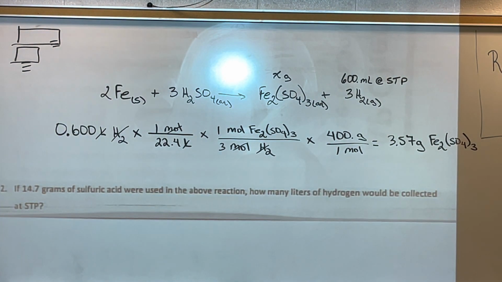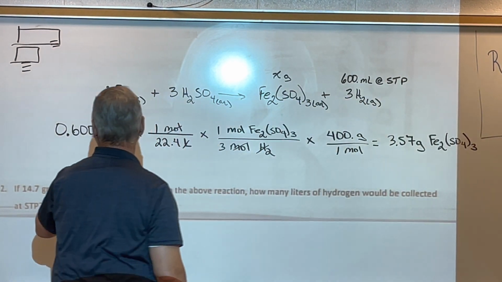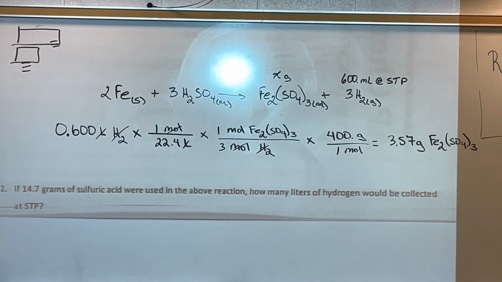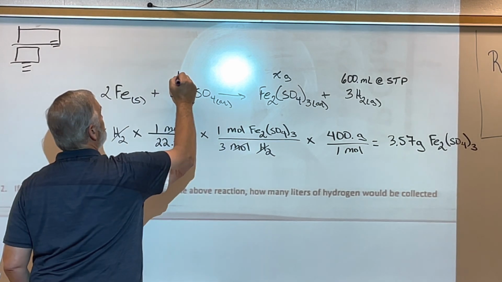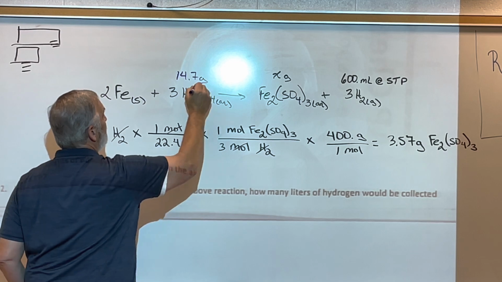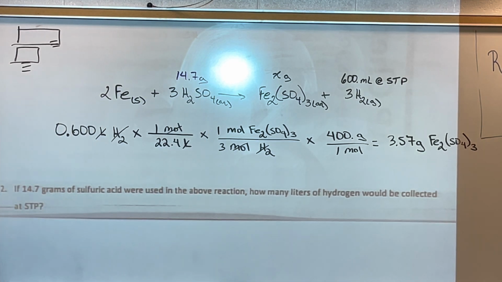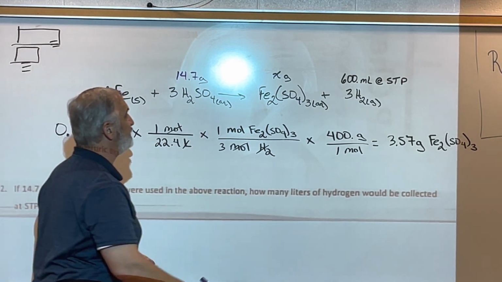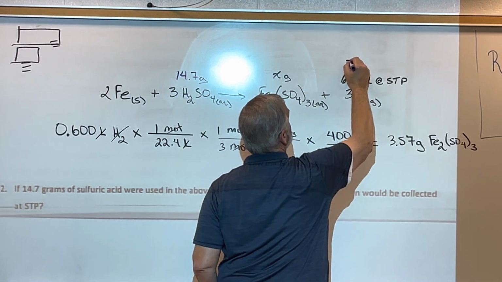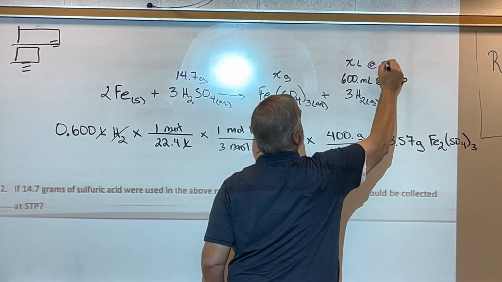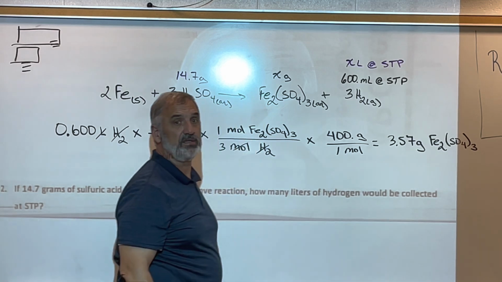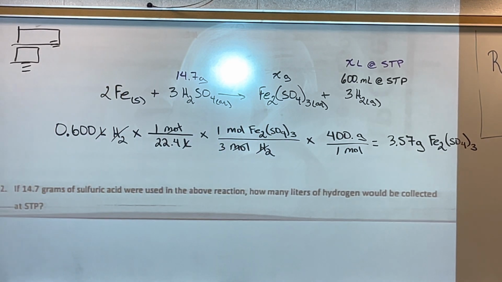Now what am I given? 14.7 grams of sulfuric acid. And what's the question asking for? Liters of hydrogen. So now I'm looking for X liters, and it still says at STP. So what do I start with? 14.7.